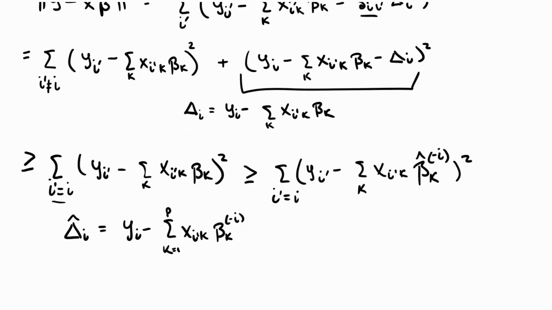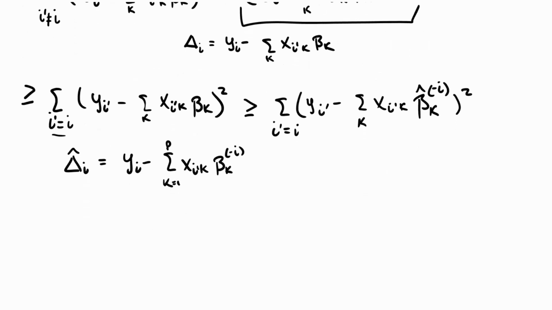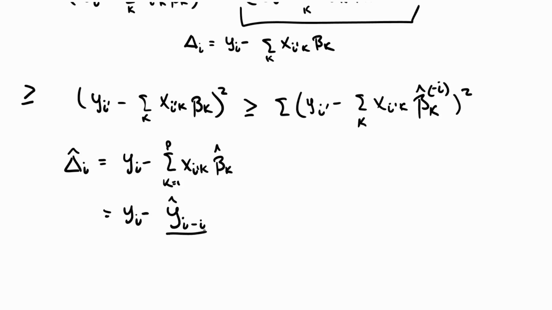So let's look at this term delta now. Notice the format of this is y_i minus, let's say, y hat_i(-i). What do I mean by that? This is the fitted value for the ith data point where the ith data point wasn't used in the fitting. There's a couple interesting points to make out of this.